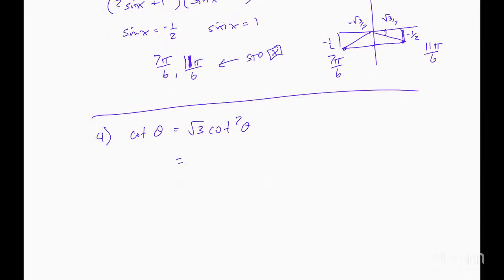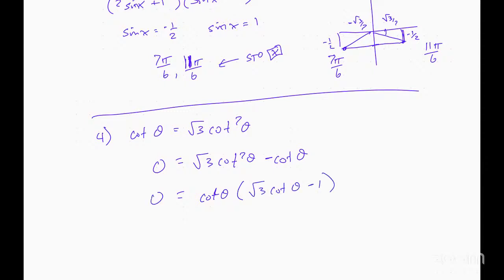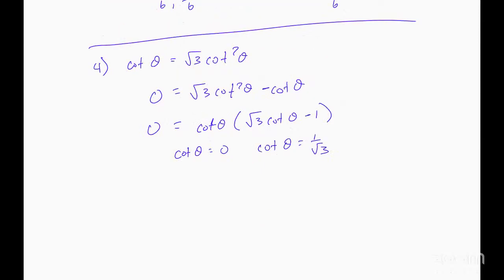There's no reason to convert these things over because now we can just factor out a cotangent theta, and you'll be left with root 3 cotangent theta minus 1. So cotangent theta equals 0, or cotangent theta equals 1 over root 3. Oh, that's a lot easier than I thought. See how much easier that was? I thought you were gonna have to factor it like with two. Well, we did factor it, but yeah, not hard.